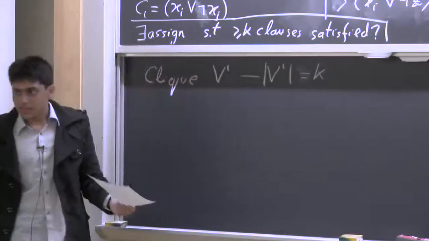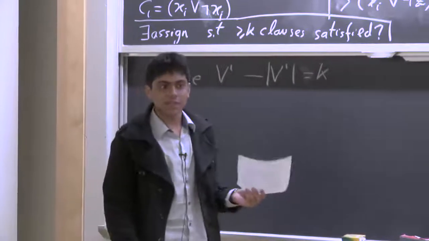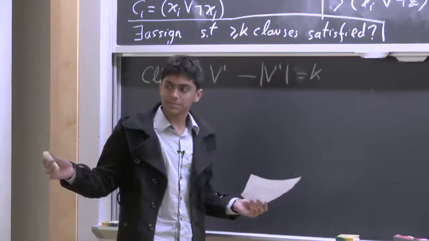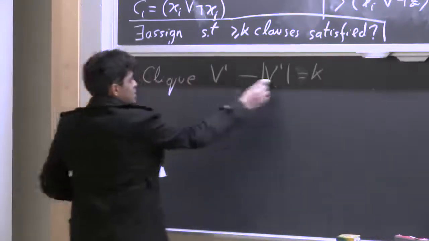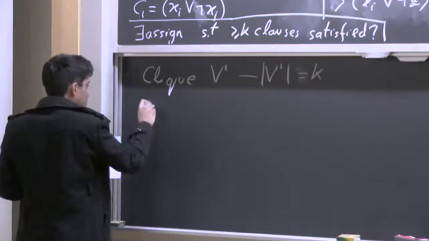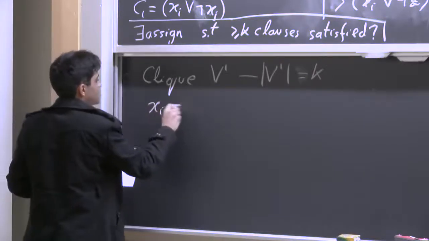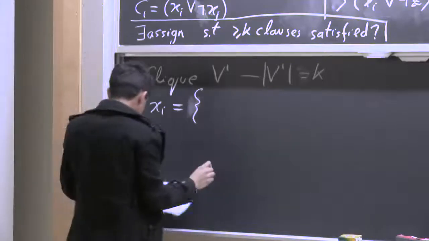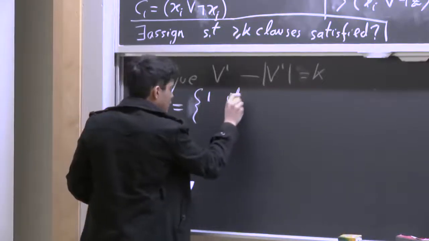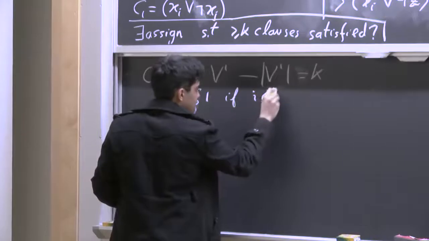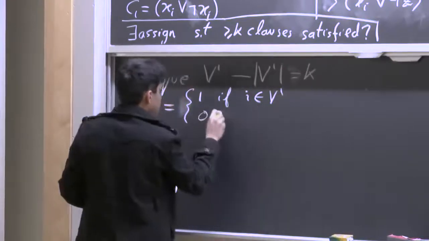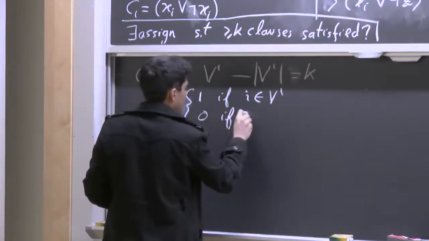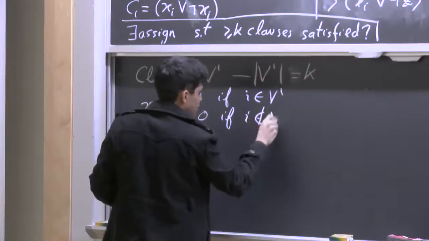If you have a clique of size greater than or equal to k, of course you have a clique of size equal to k. You can just throw away some of the vertices. So you take a v dash such that its size is equal to k, and you set xi equal to 1 if i is an element of v dash, and 0 if i is not an element of v dash.